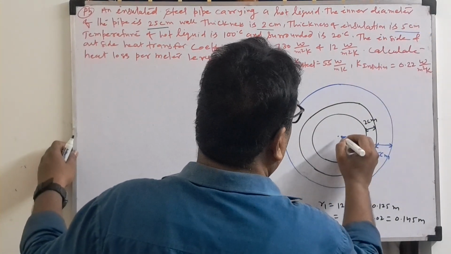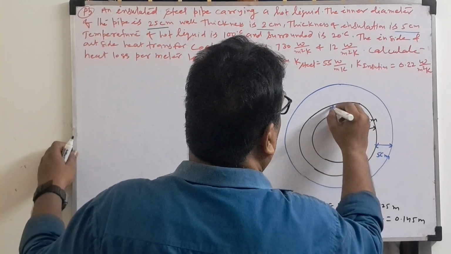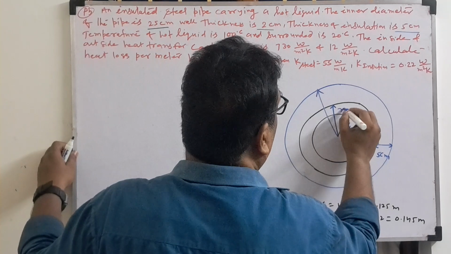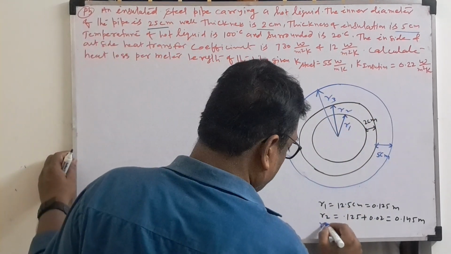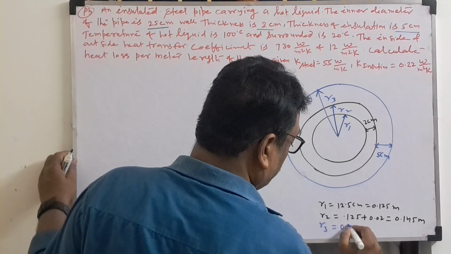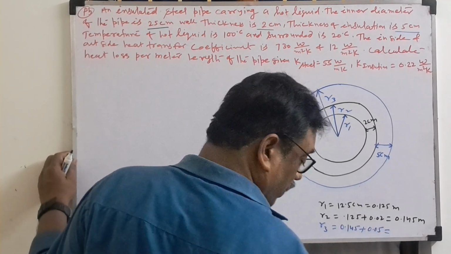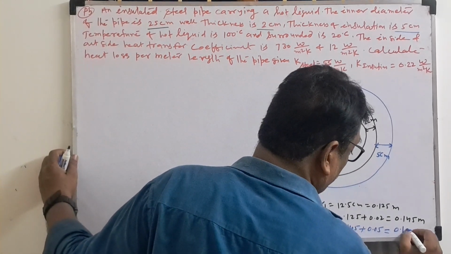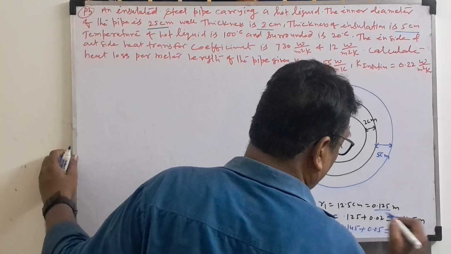So this is R1, this is R2, and this is R3. What is R3 here? 0.145 plus 5 centimeter, that is 0.05. How much is it coming? 0.195 meter. So you know R1, R2 and R3.